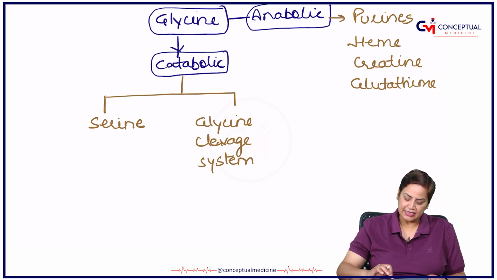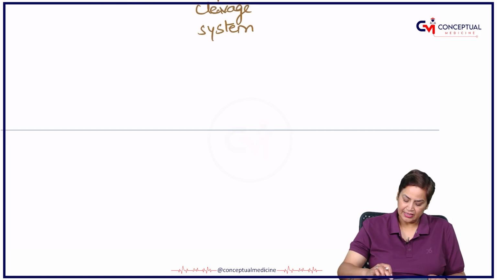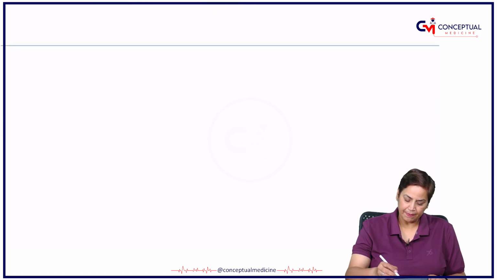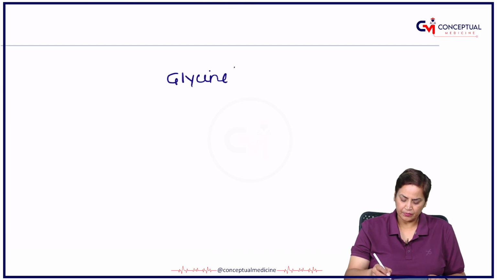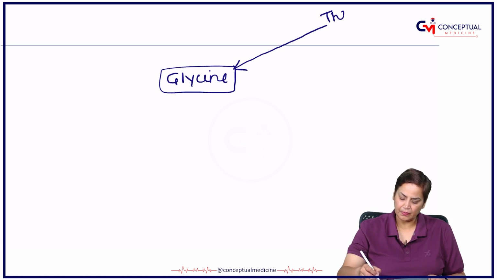Now, if we talk about the synthesis of glycine, we can simply say that glycine can be synthesized from threonine by the enzyme threonine aldolase.